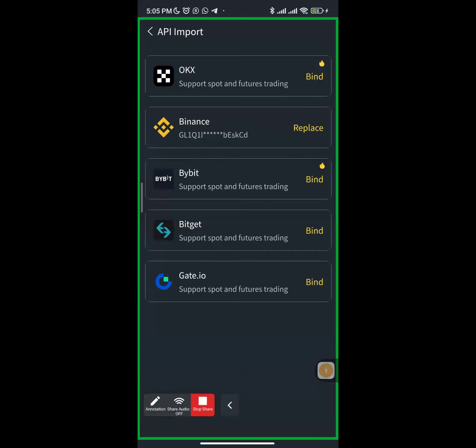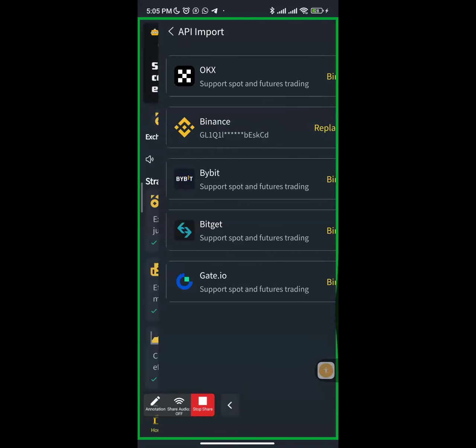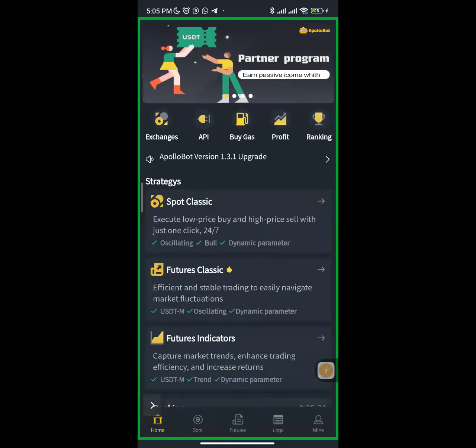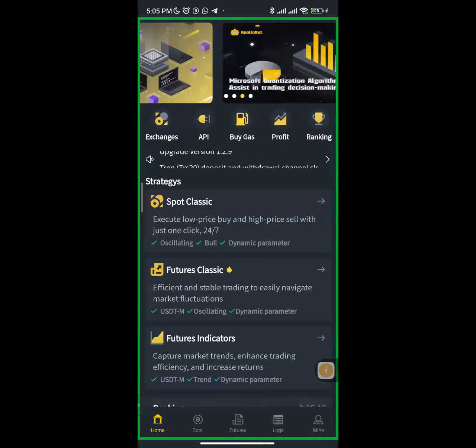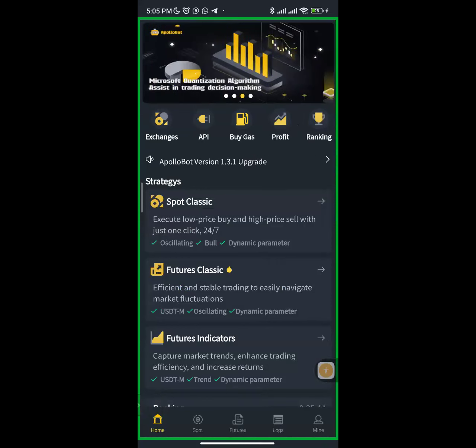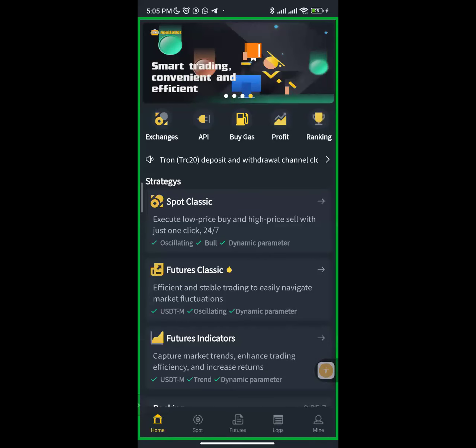You download, you connect, then the next step is you need to buy gas, because Apollo has the best trading deal. Name any company, mention any company, and I'll tell you why Apollo has the best trading deal. Number one, Apollo is free for all.